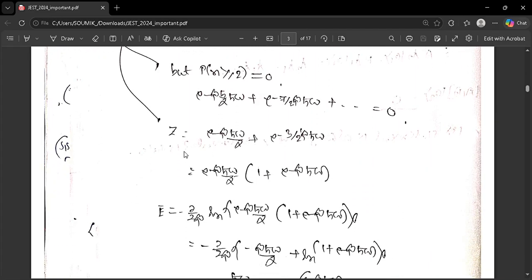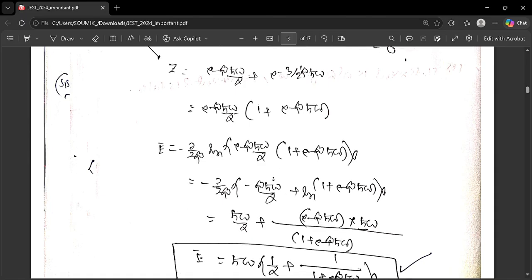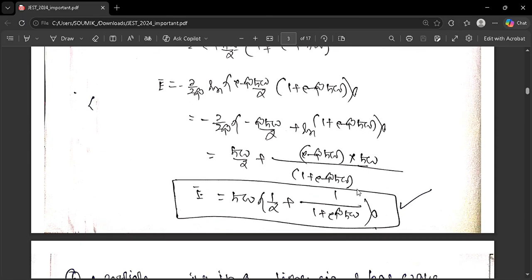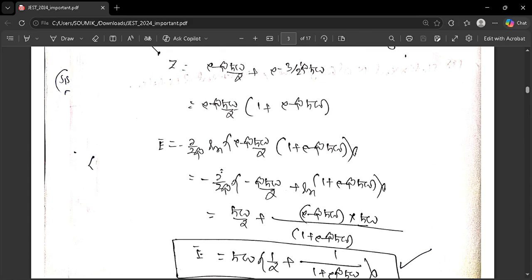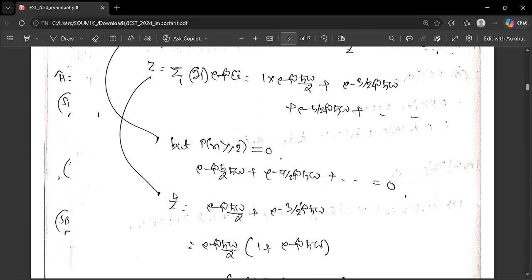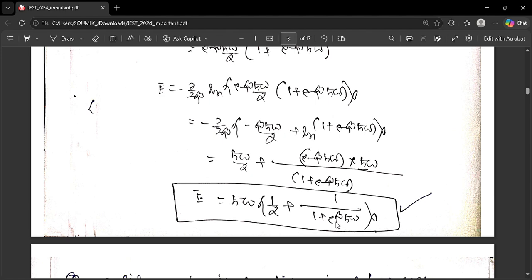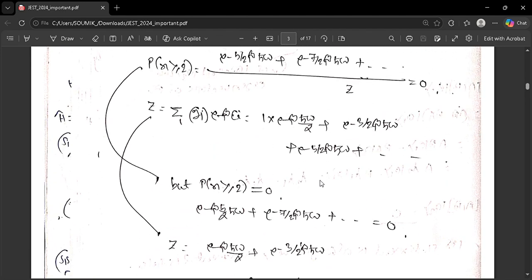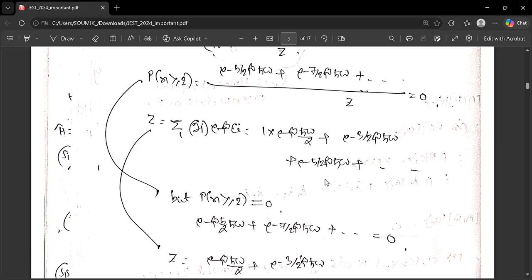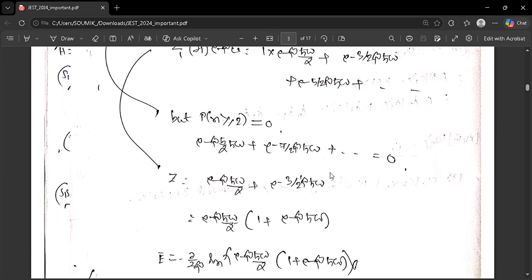So to match the options, I just take the common terms out and calculate. Then I get this answer, and the option is this. If you calculate the usual way, you will not definitely get this option. So you have to be careful about these things, because in JEST and NET exams you have to match the correct option and scan the options first before solving the problem.